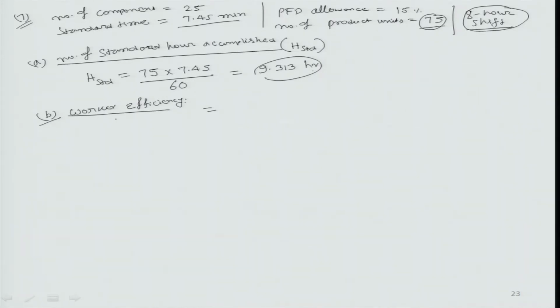So you can see that worker efficiency has increased. So what will be the efficiency? 9.313 divided by 8 hours, that is equal to 1.164. If you want to write it as a percentage, then we have to multiply it by 100. So it will be 116.4%. It means the efficiency of the worker has increased by 16.4%. Okay.